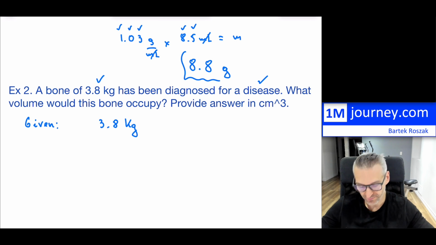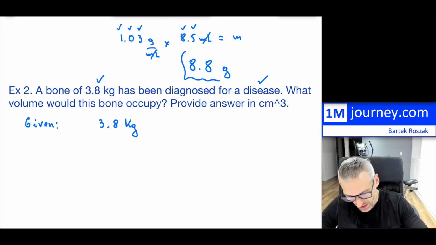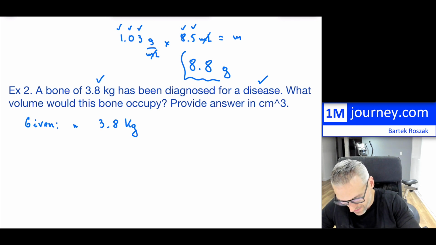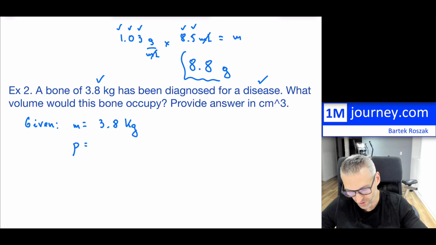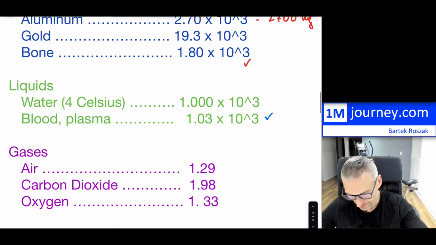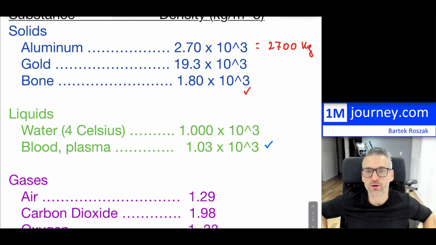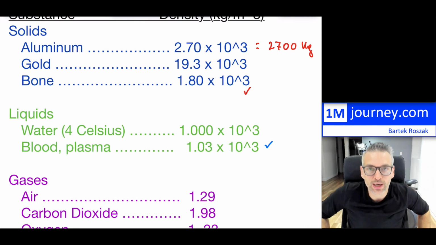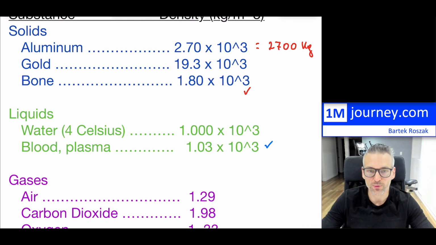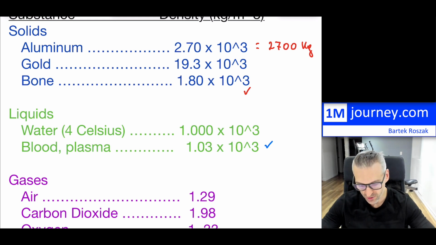Well, within here, we have this in kilograms, right? Now this is the mass. So we would have to look up, for the bone, what the density is. If I scroll back up here, this would be given to you in the question, or you would have a table to look up these densities. People wouldn't necessarily be trying to make you memorize these.